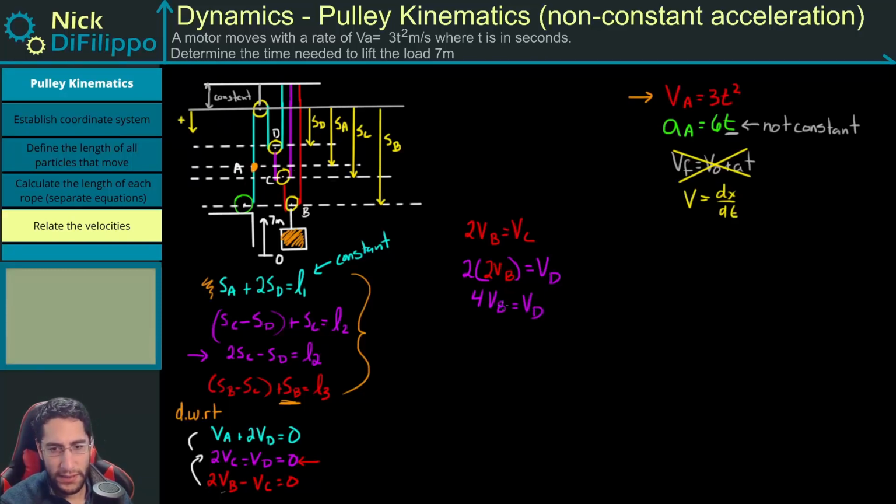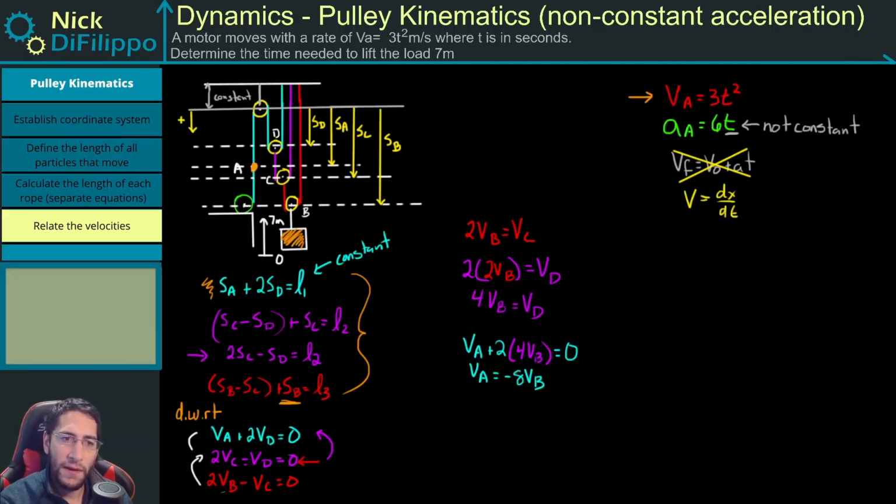Now, I take this expression and move it up to this equation. What I'll have is my velocity of A plus 2 times 4 VB is equal to 0. Now, VA is equal to minus 8 VB.